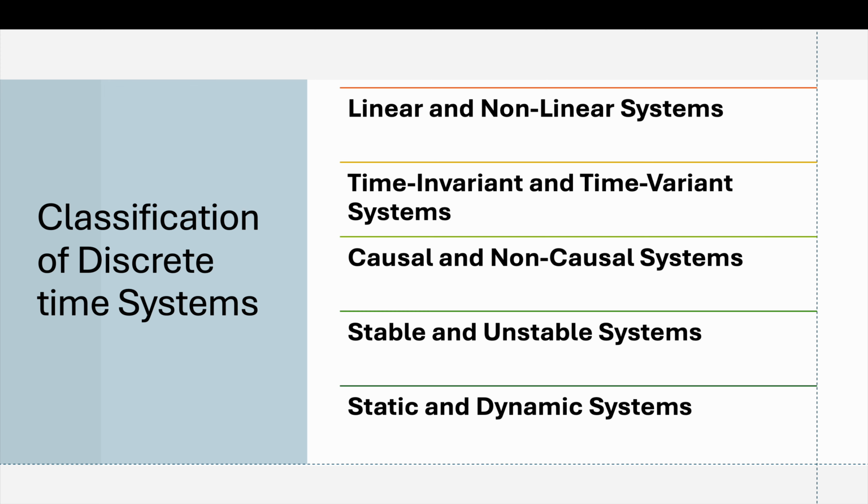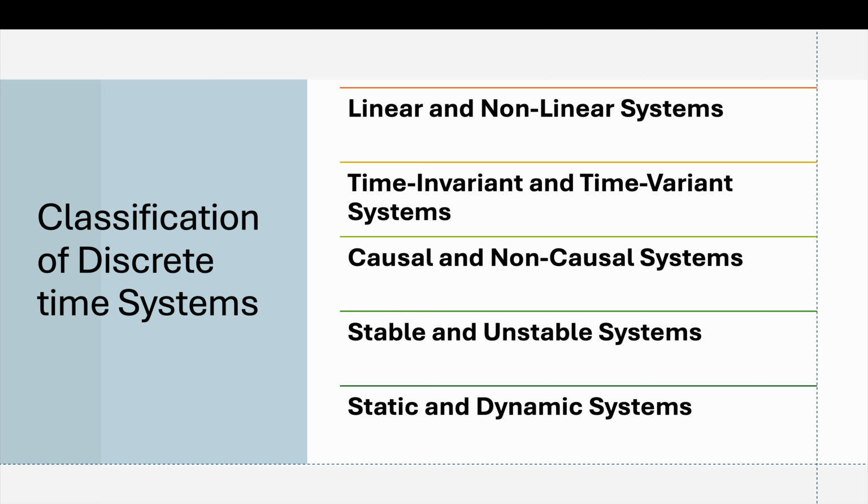The sum of the individual responses has to be equal to the response of the sum of the inputs. Then we can say that a system is linear.